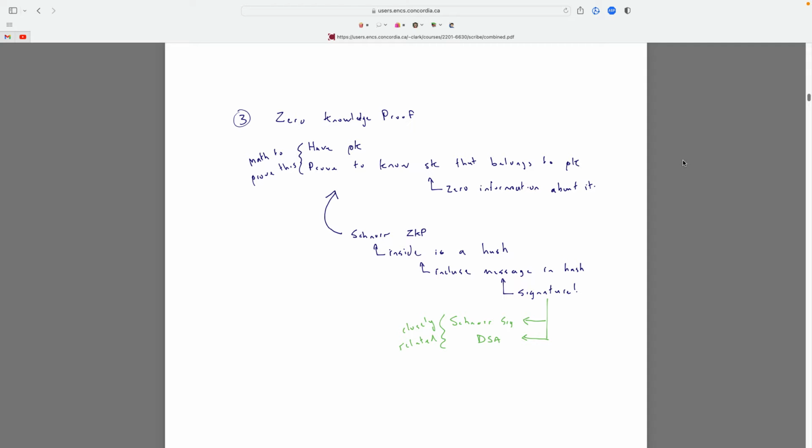So that's called binding. Once you commit to something, you can only unlock it to the exact message that you committed to. And while it's committed, it's hiding. No one can tell what it is. So those are the two properties you want. And if you use a hash in combination with randomness, then you can achieve both of those properties.